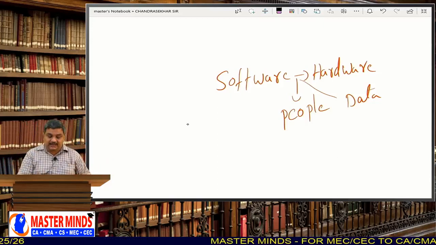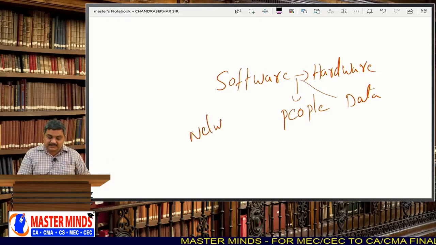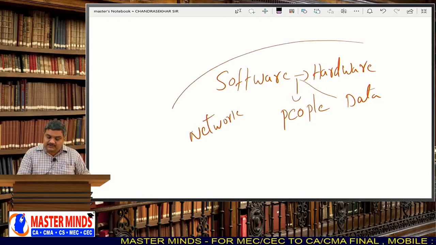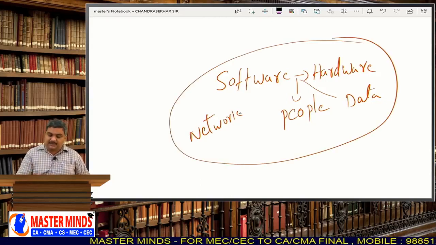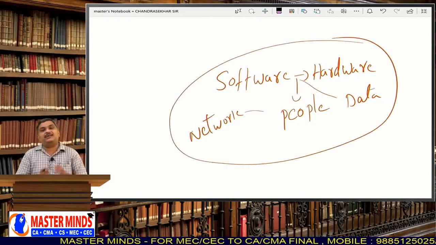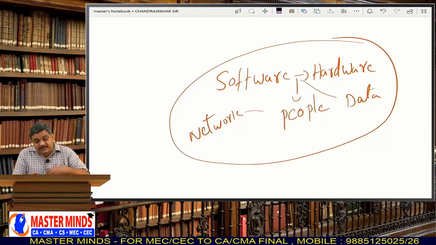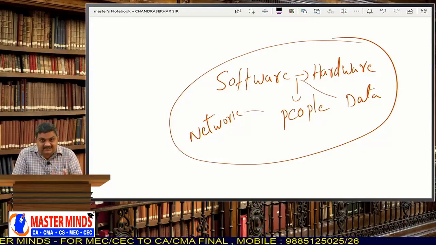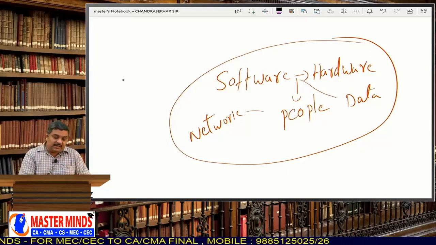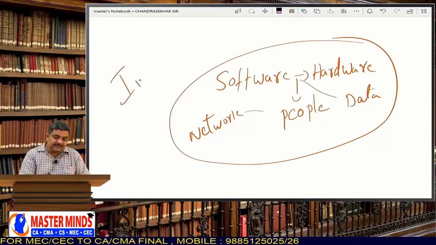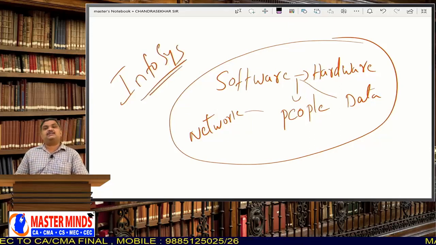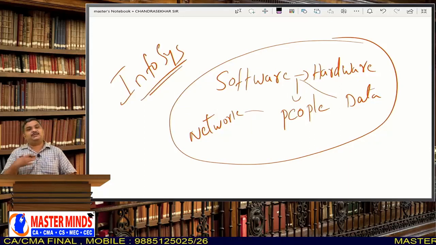Then again you require network, isn't it? Network. So, all these components, software, hardware, network, people, data ought to be there. Then, if all these components work together in a proper format, then we can say that the organization has a perfect information system. Okay, that is the basic definition of information system.